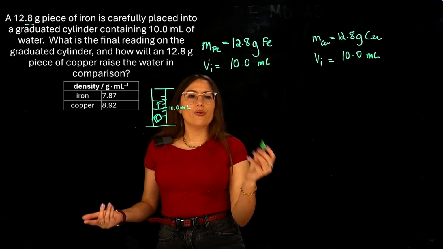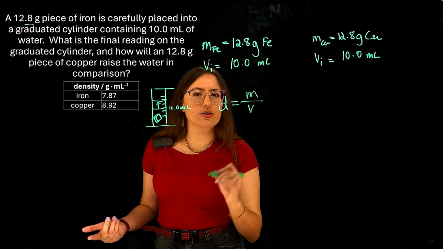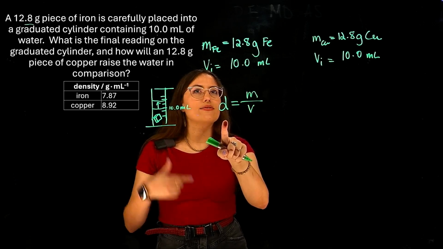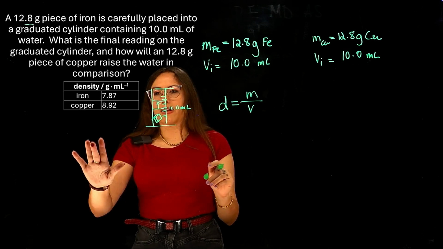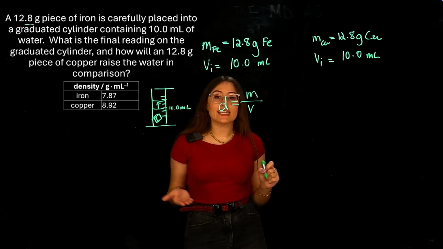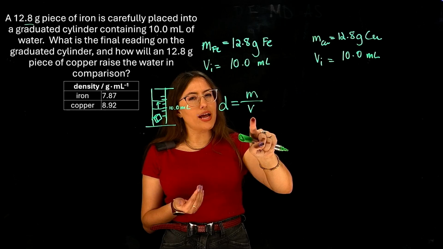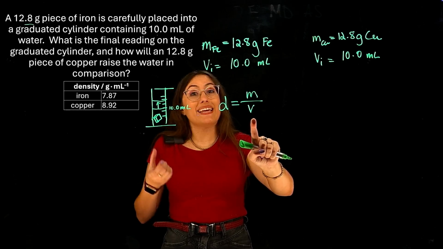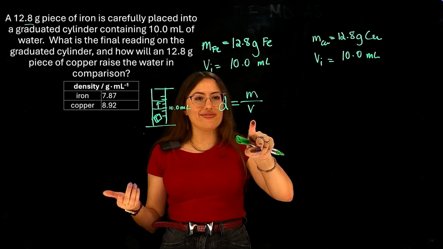We know that density is equal to mass over volume. They gave us density for each of these metals. We were given the mass, but we don't have the volume of that piece of metal, so we can use this relationship to find that.